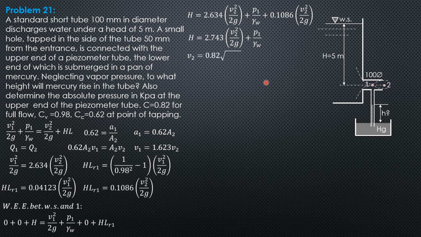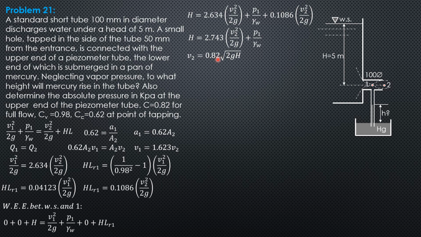Then for V2, the coefficient of discharge is 0.82, and at section 2 it is flowing full, so the coefficient of contraction is 1, so that the coefficient of velocity, which is C over coefficient of contraction, is just C. Again, 0.82 divided by 1 is 0.82, so C sub V is 0.82.